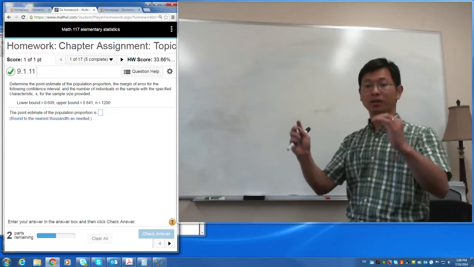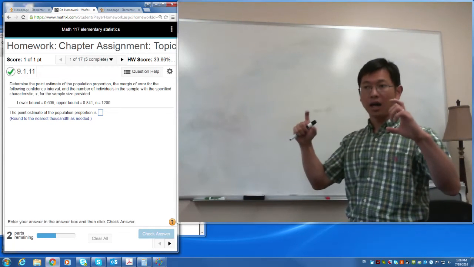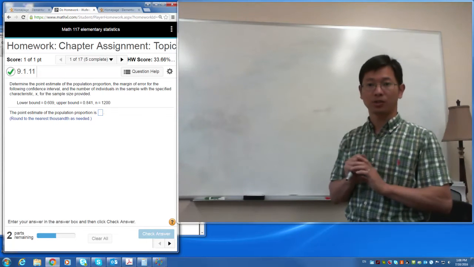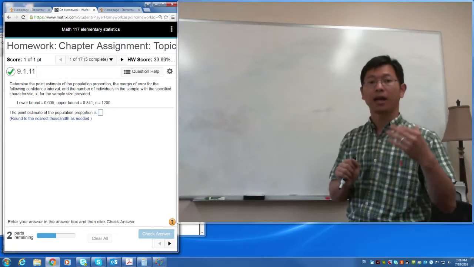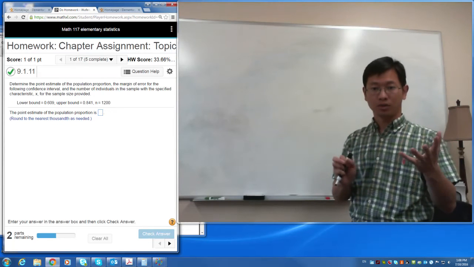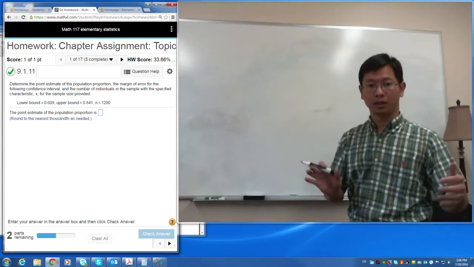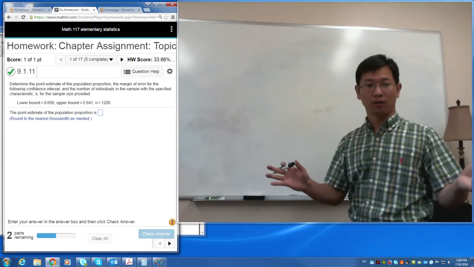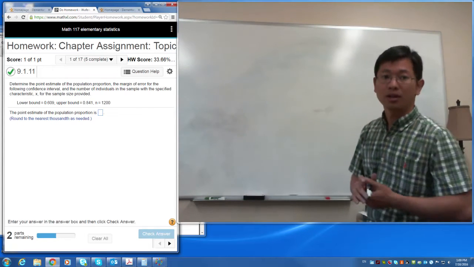So basically, we construct an interval based on the sample mean to estimate the population mean, to save our time and money, and we don't have to do a big population survey.